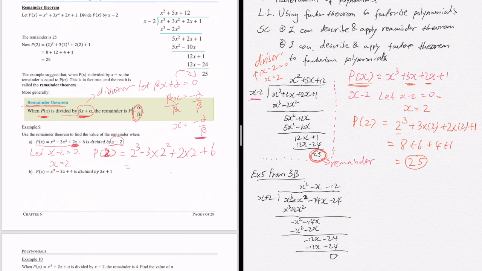Now if I simplify, this is 8, this part is negative 12, plus 4 plus 6, and then it will be equal to 6. So that 6 is the remainder. Therefore the remainder is 6.